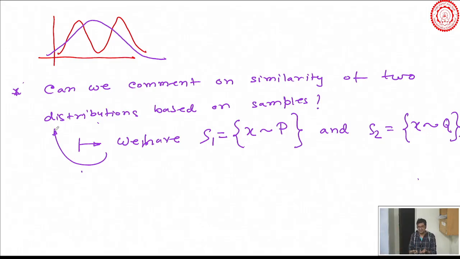If that statistic, which is some distance, is less than some threshold, then we can say, okay, they are similar. If that statistic is greater than some threshold, we say that they are not similar, they are different.